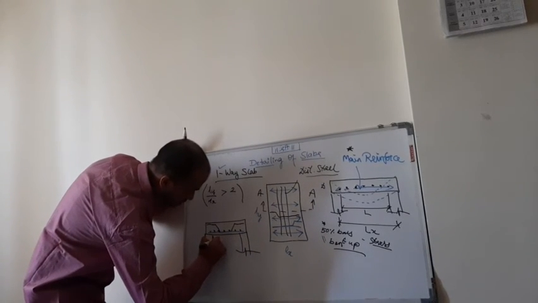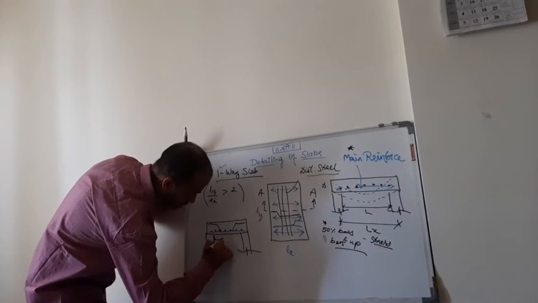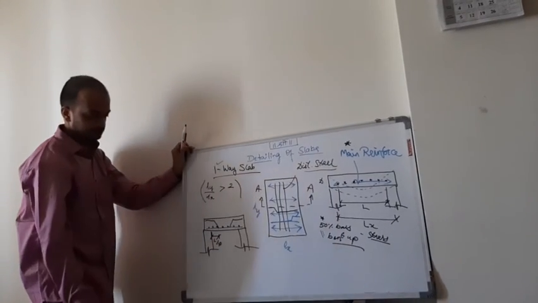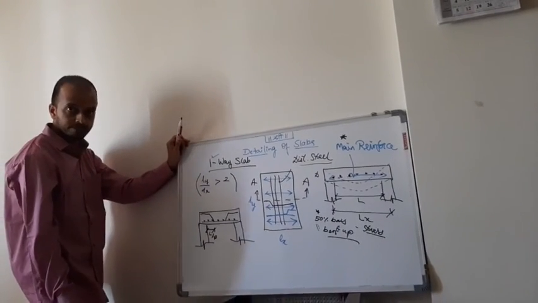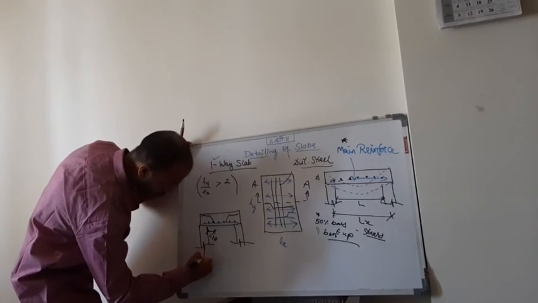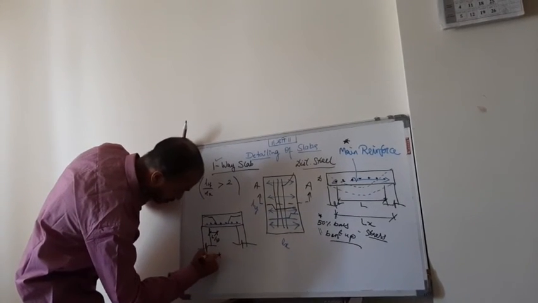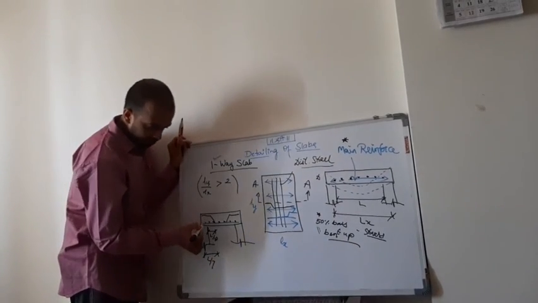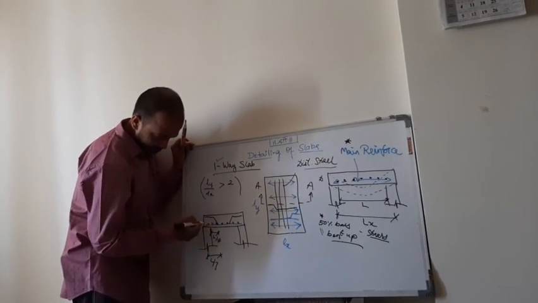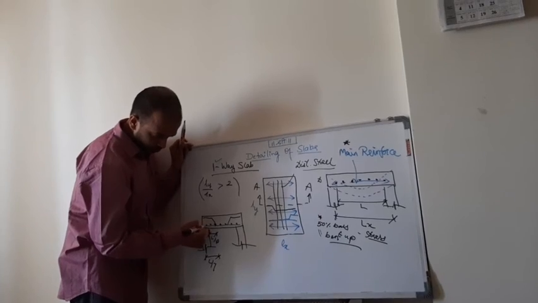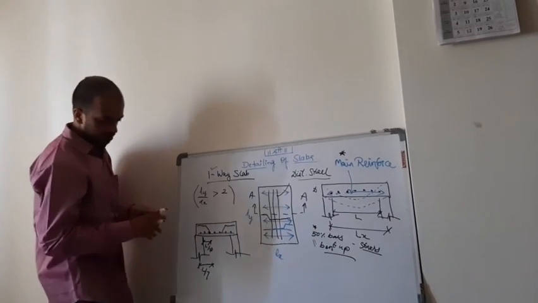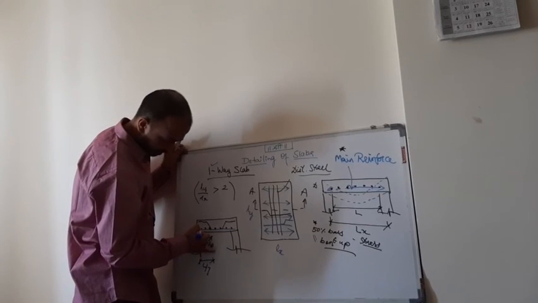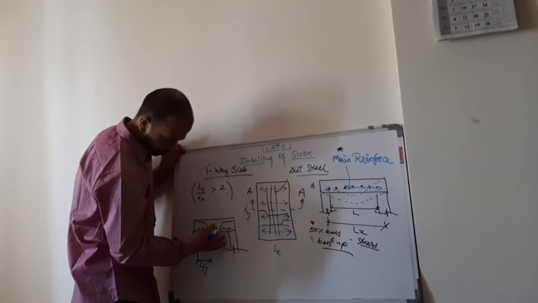So what is this distance? This distance is L by 10 from the inner support, or if I take from the center support, this is L by 7. So we are more concentrated on this part. So how to provide the reinforcement? One bar you start from left end, move till this point.